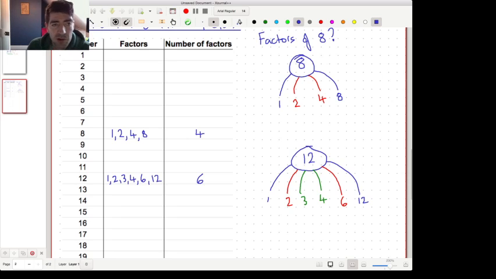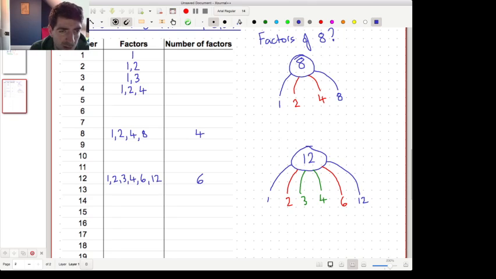Okay, brilliant. Well, we'll check these ones really quickly so you can check you got the same answers. If I just go through and do the factors first, the number 1 has only a single factor, 2 has 1 and 2, 3 has 1 and 3, 4 has 1, 2 and 4.